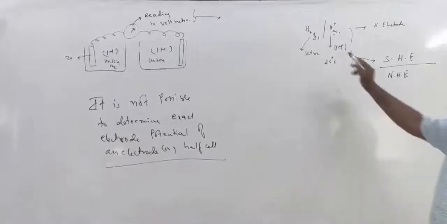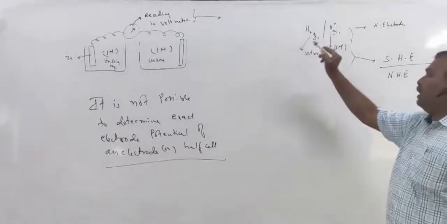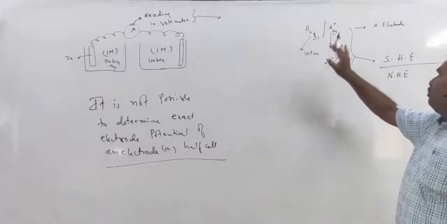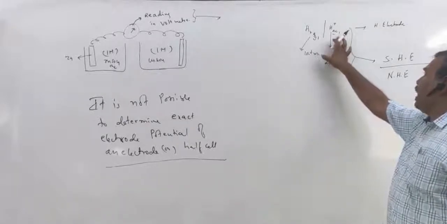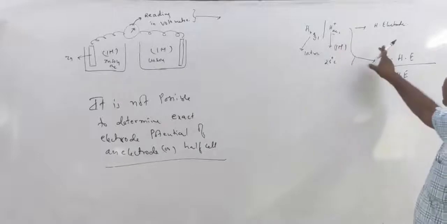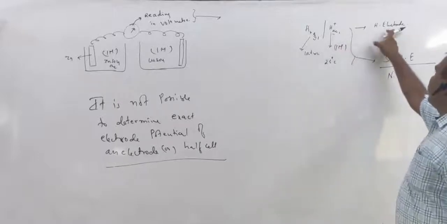So the hydrogen gas molecules must be in contact with aqueous H plus ions, then it is a hydrogen electrode.